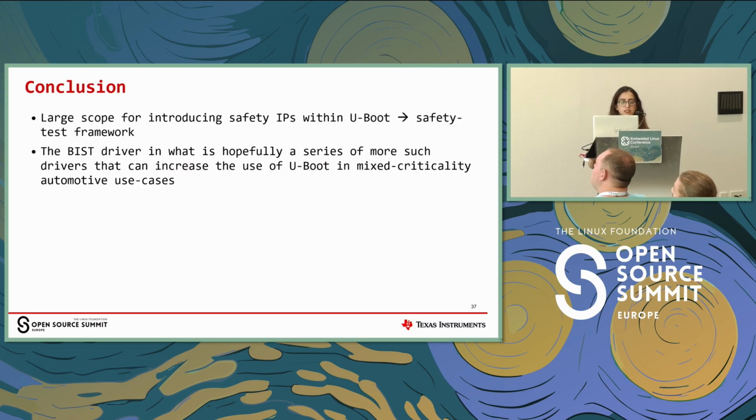To conclude, there's a large scope for introducing these IPs within U-Boot and starting up a safety test framework. The BIST driver is hopefully one of the first of many more drivers that can go in. Eventually, we'll be able to fill in those gaps, at least for mixed criticality systems, and then work our way towards having a safety certified open source bootloader.